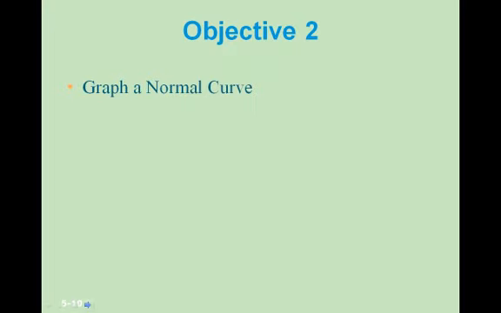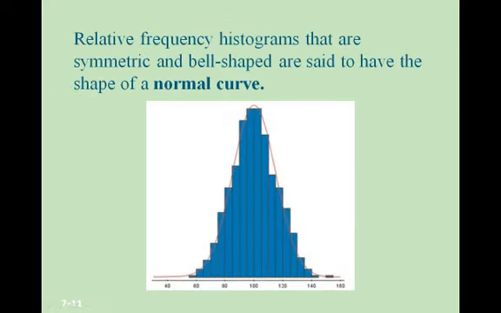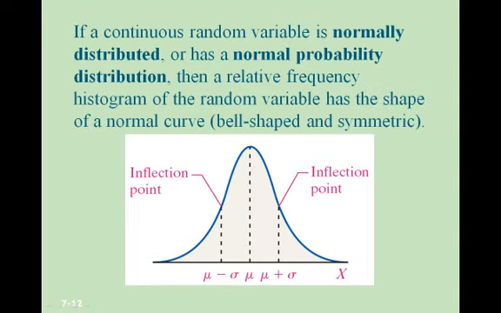Objective 2, we want to graph a normal curve. Relative frequency histograms that are symmetric and bell-shaped are said to have the shape of a normal curve. If a continuous random variable is normally distributed, or has a normal probability distribution, then a relative frequency histogram of the random variable has the shape of a normal curve, which is bell-shaped and symmetric.